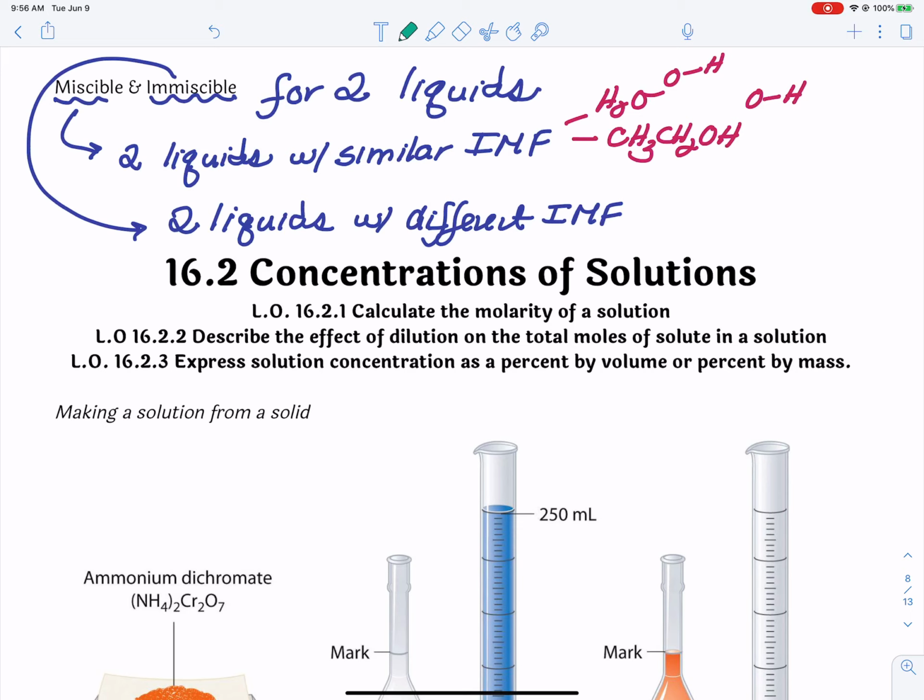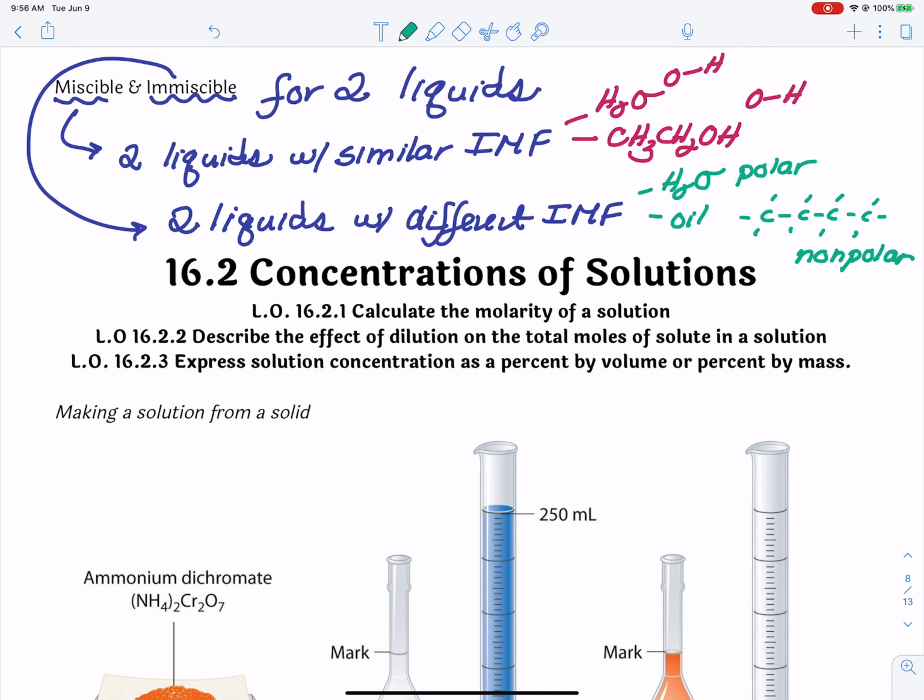But an example of two liquids that wouldn't be miscible in each other are water and oil. There are many different types of oil, but oil is generally a whole bunch of hydrocarbons, hydrogen and carbon together. This would be nonpolar, whereas water, of course, is very polar.